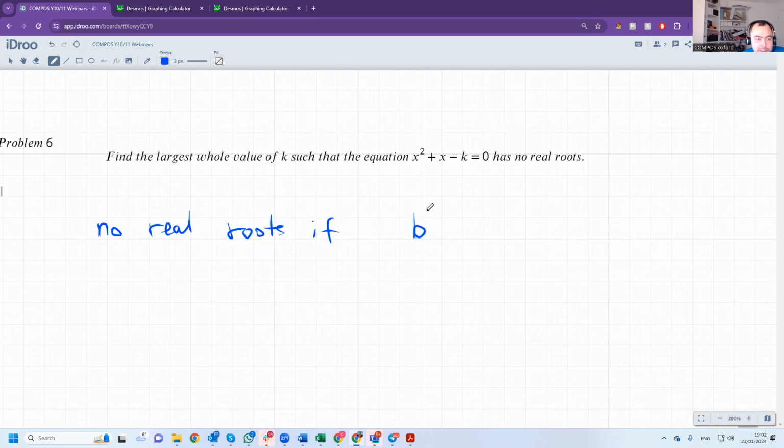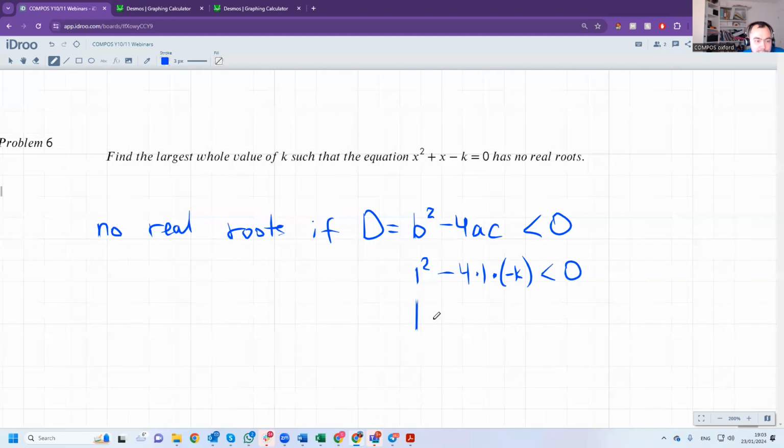If b squared minus 4ac, which is the discriminant, is less than 0, that means 1 squared minus 4 multiplied by 1 multiplied by c, which is minus k, is less than 0. So it's 1 plus 4k less than 0. So 4k is less than minus 1. K is less than minus a quarter.